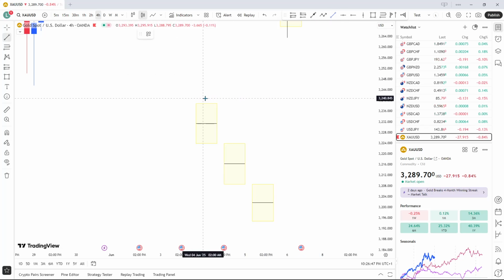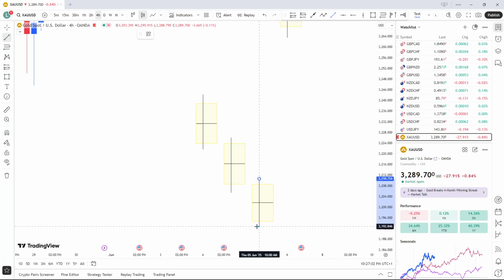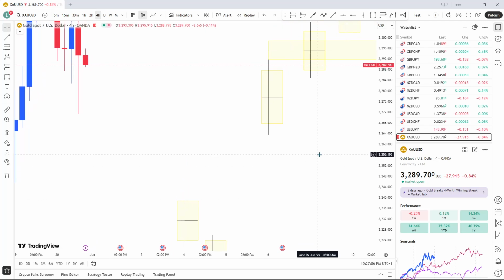Let me draw the wick. So let's say candle number one is there. Where's my line gone? Candle number two, and then candle number three.